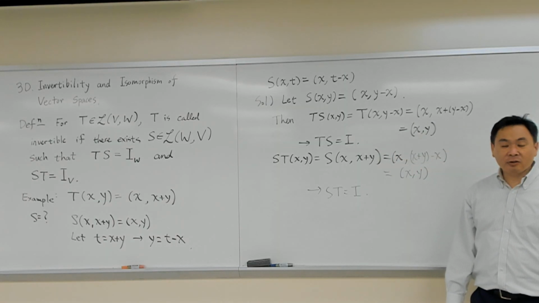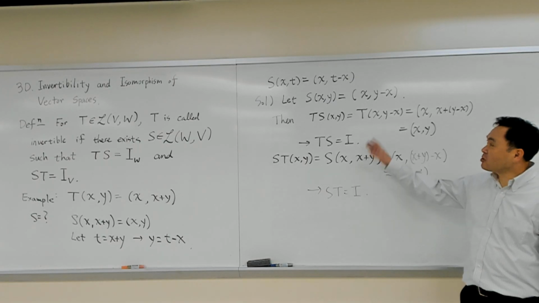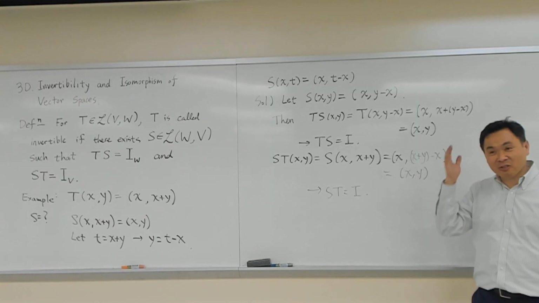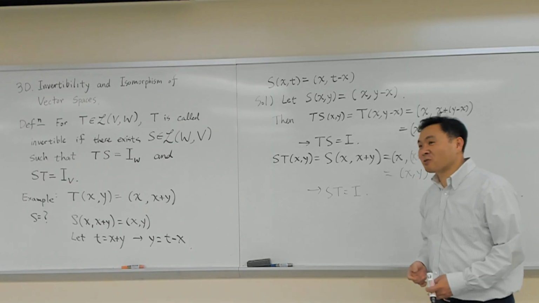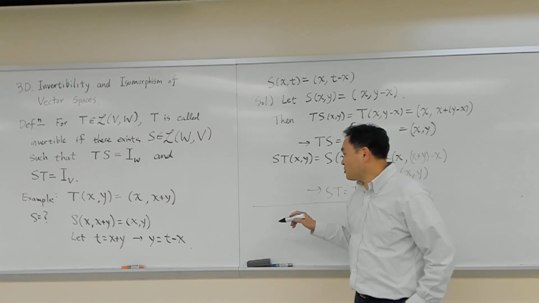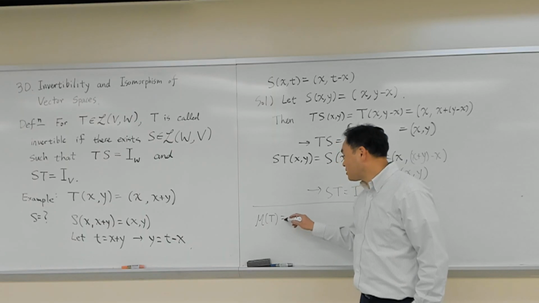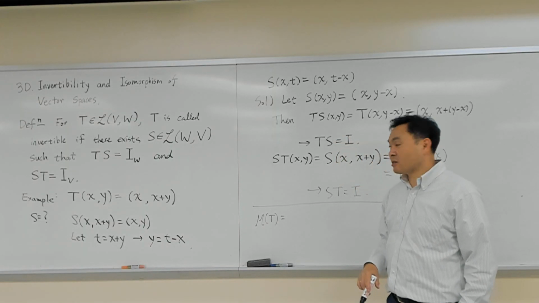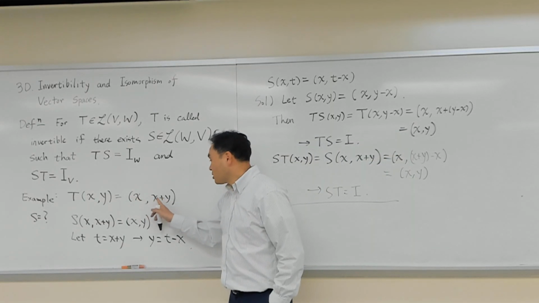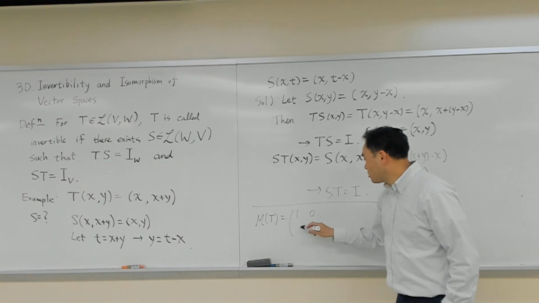Now there's still another way to obtain the same thing. I wanted to show you a solution that doesn't make use of matrices because it makes you think more. But if you use matrices, this is even simpler. What's the matrix of T using the standard basis? Well, this is like (1, 0) and (1, 1), right? So this will become [[1, 0], [1, 1]].